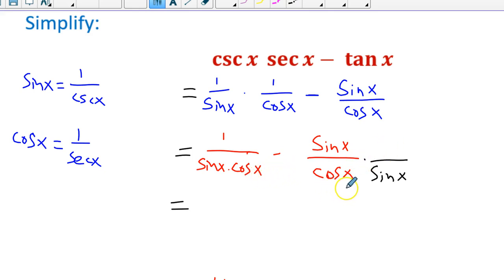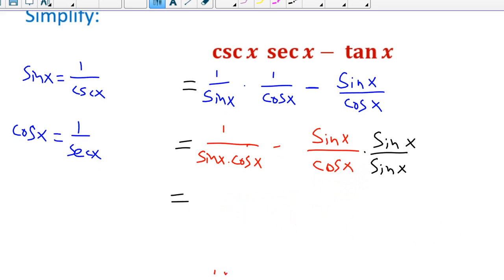Having multiplied the denominator by sine x, you multiply the numerator also by sine x. Whatever you do to the denominator, do the same thing to the numerator, so nothing is changed. We just multiplied and divided by sine x so that our simplification will become easier. We did not change the value of anything.